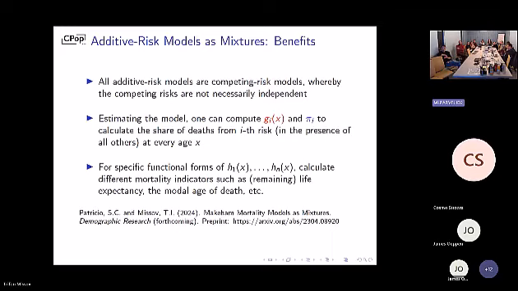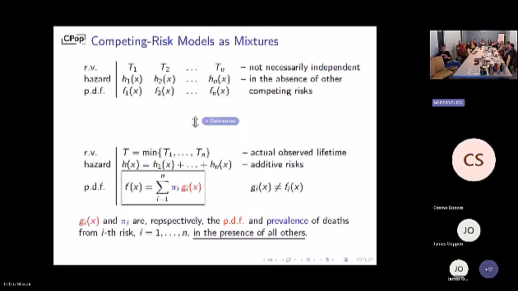If I get back to this slide, we can calculate. I didn't include a lot of formulas, but the GIs can be calculated by the FIs. But you can also do the other way around. And this is very important when we look at causes of death, because this is what we observe. These are the different causes, the deaths by different causes.